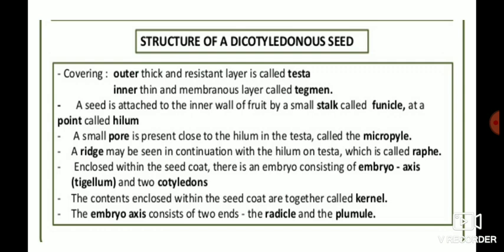Enclosed within the seed coat, there is an embryo consisting of the embryo axis, known as tigellum in botanical terminology, and two cotyledons. All the contents enclosed within the seed coat are together known as kernel. The embryonal axis consists of two ends, the radicle and the plumule.